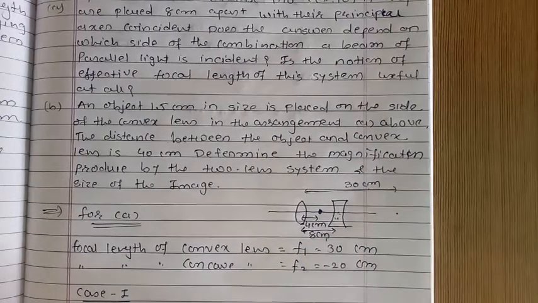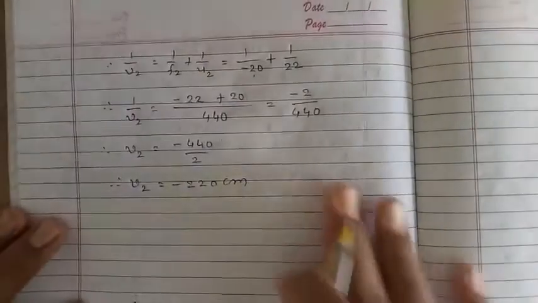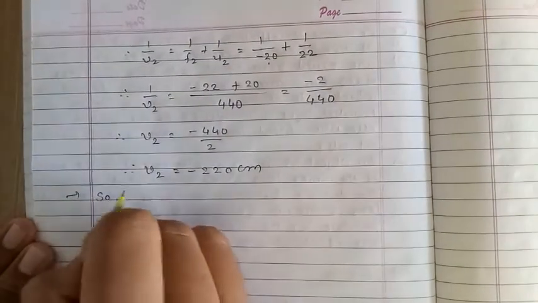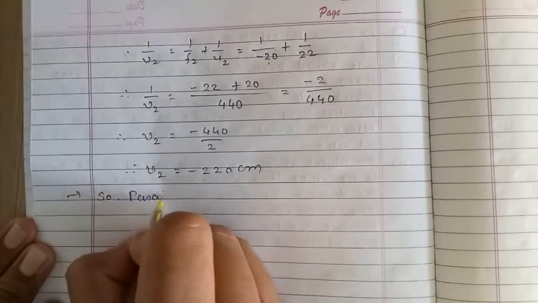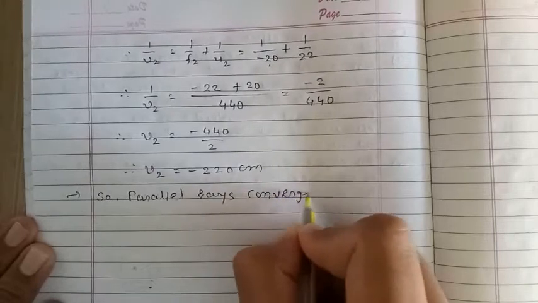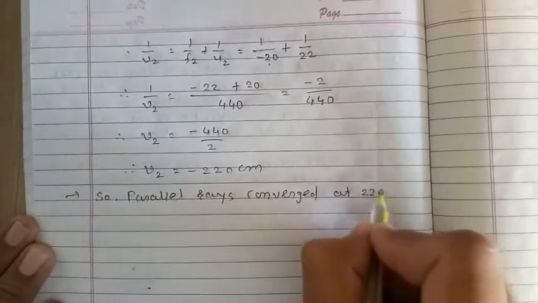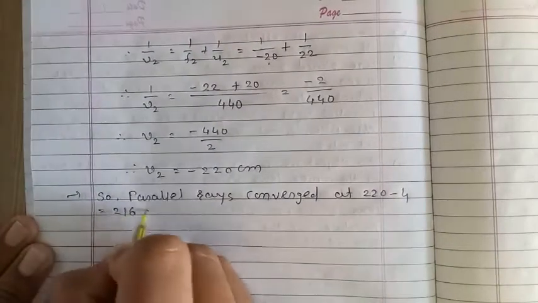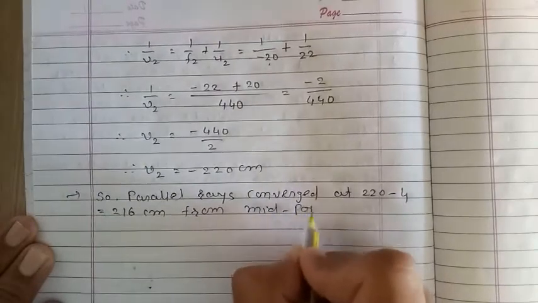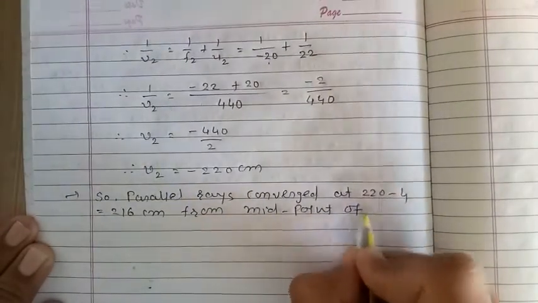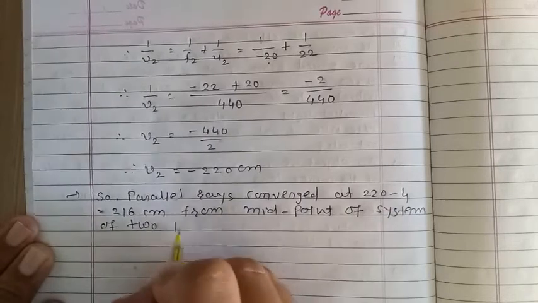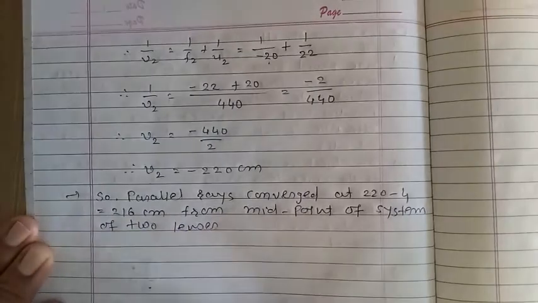Okay, so we can write this: parallel rays converge at 220 minus 4 is equal to 216 centimeter from the midpoint of the system of two lenses.